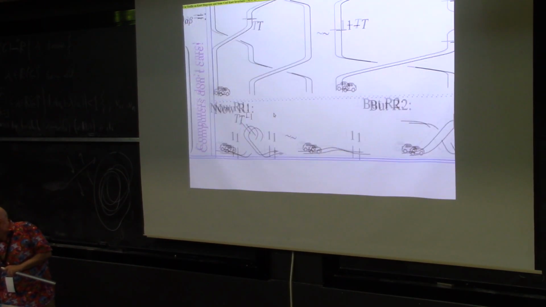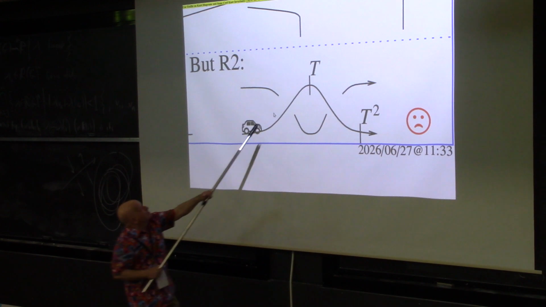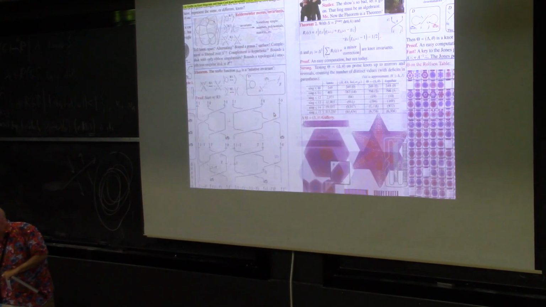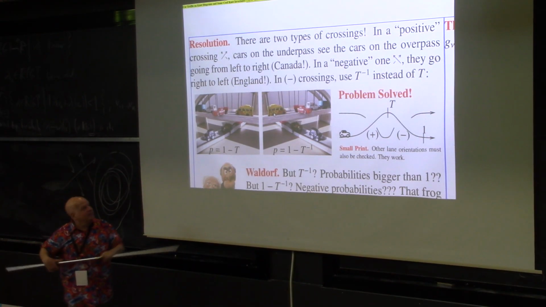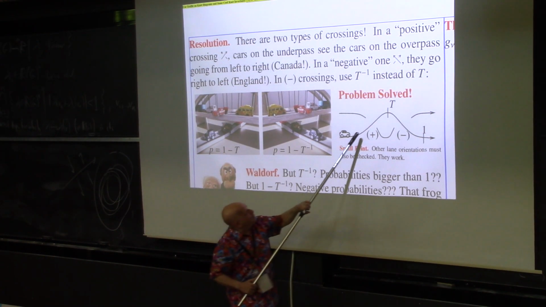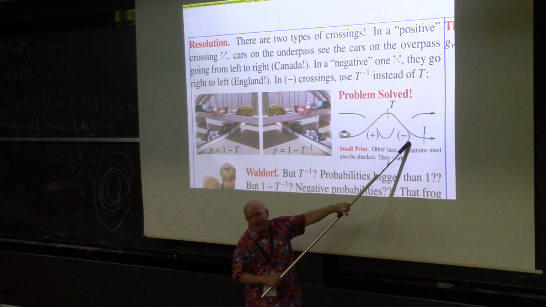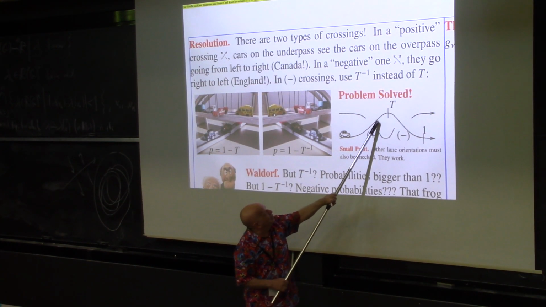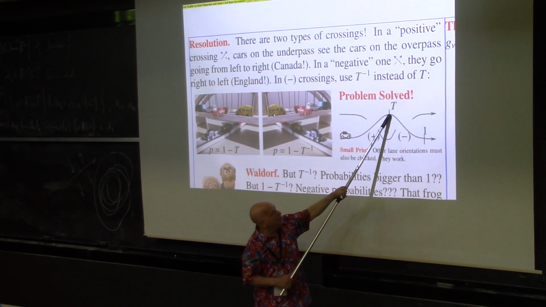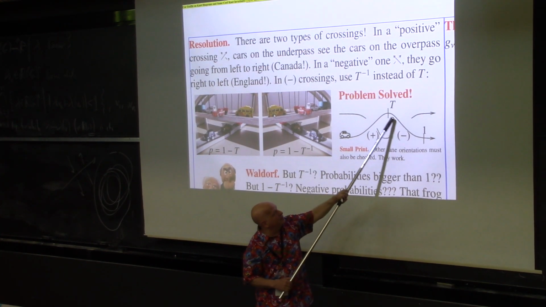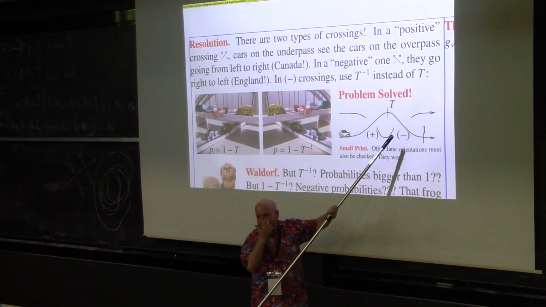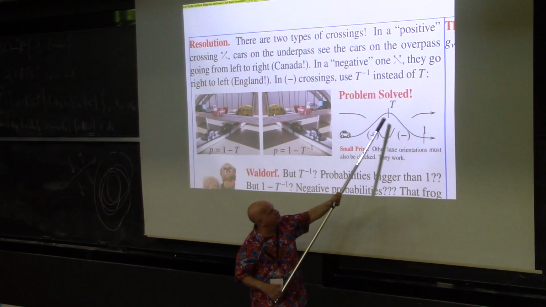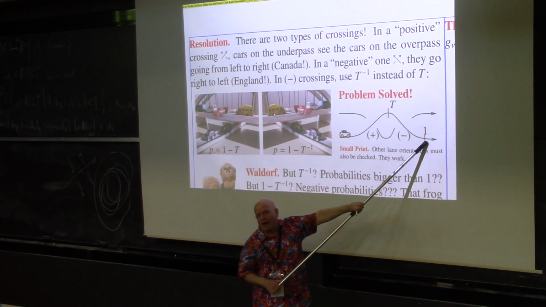However, in the Reidemeister 2 move, one of the crossings is positive and the other is negative, so something does change. In fact, this is a positive crossing, this is a negative crossing, and if a car comes from here, it continues with probability t, and then it continues again with probability t inverse, but it only got here with probability t, so t times t inverse is 1, so it gets here with probability 1.